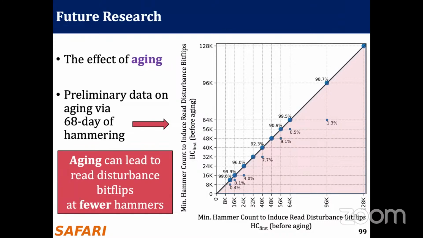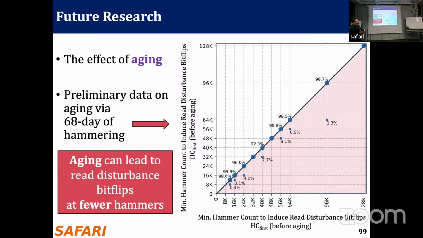So 100% of the rows observe 96K RowHammer threshold before aging, and only 98.7% of them exhibit 96K HC first after aging. So 1.3% goes down to 64K. The same row goes from 96K to 64K. And this is also coarse grain, so they could be going to some middle points as well. I just tested these hammer counts for this study, so it's not really a precise HC first.